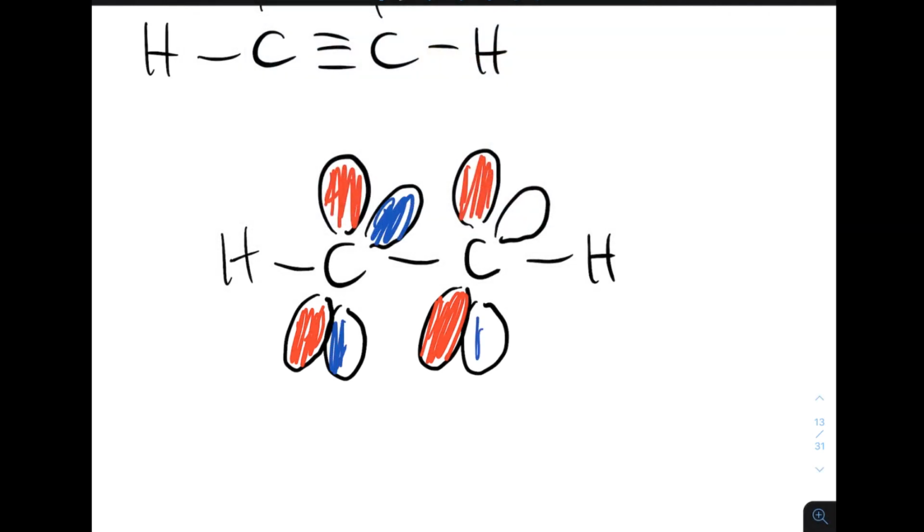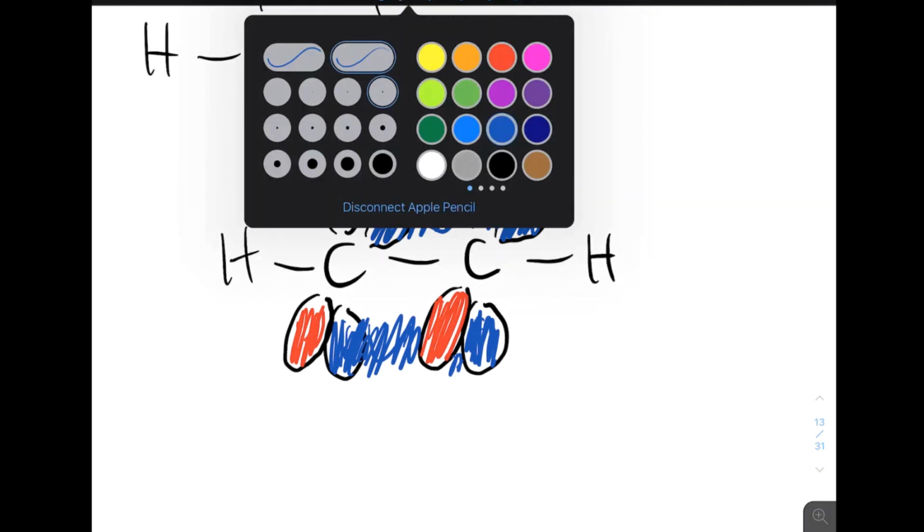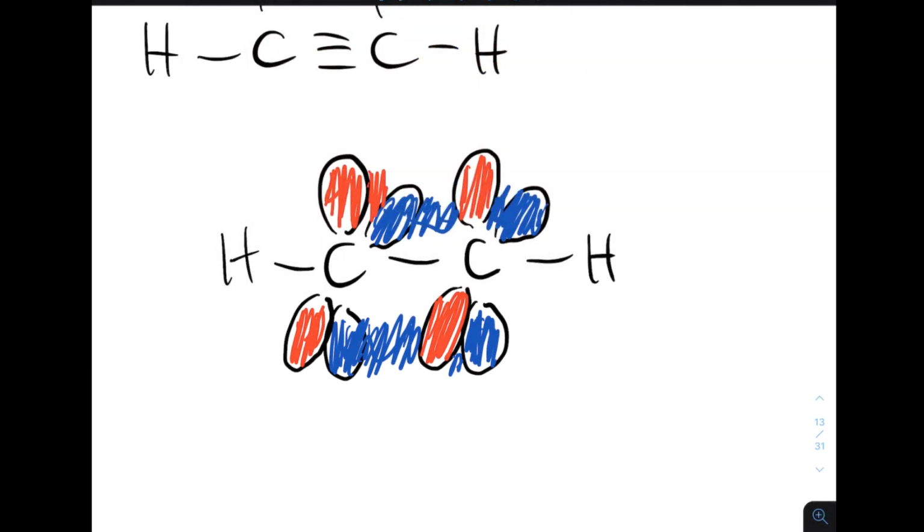Drawing in the different phase lobes. So now what happens is these orbitals are constructively interacting, right? So that's what's forming these pi bonds here. So you have constructive interaction here, above, below, and on the sides now of this carbon-carbon sigma bond.